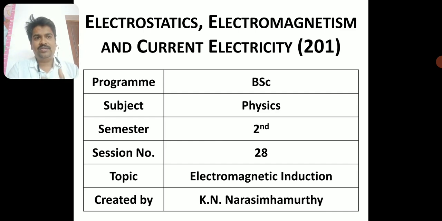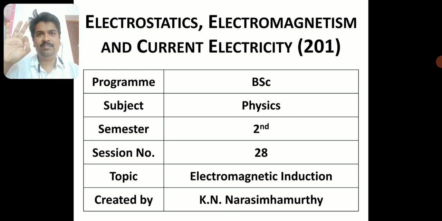When we are about to start electromagnetic induction, you have learnt in my previous video about the laws of electromagnetic induction, and those are Faraday's law and Lenz's law. Faraday's first law tells you that whenever there is a change in the magnetic flux linked with a coil, an EMF is induced and current is induced.